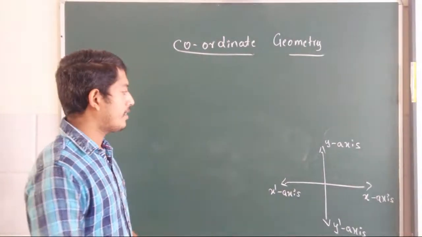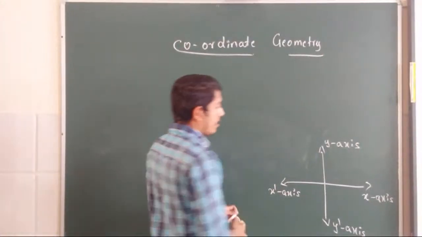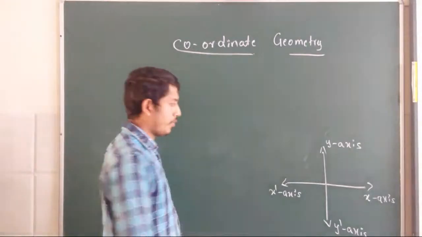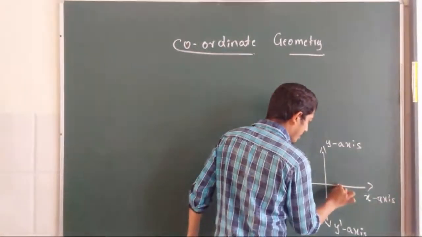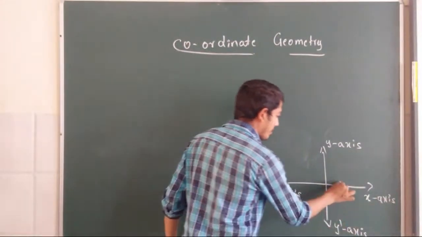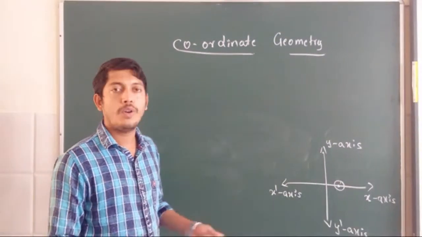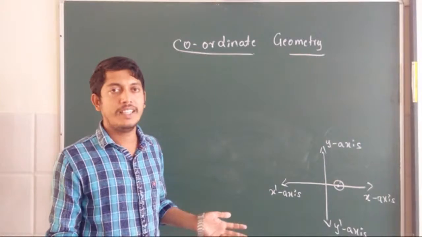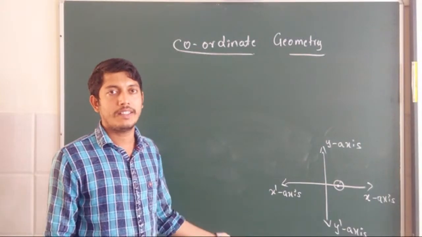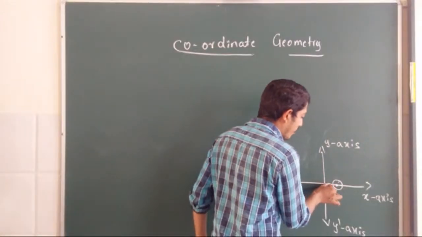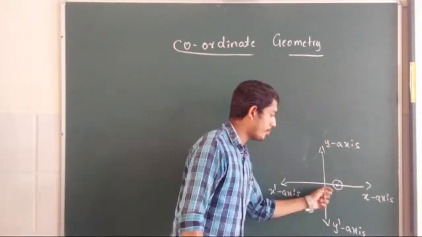Okay, and sometimes the point will not be present on the y-axis; it will be present only on the x-axis. For example, it will be present like this. In that case, the value of the y coordinate is 0. Here, for example, it will move a certain distance from the origin.